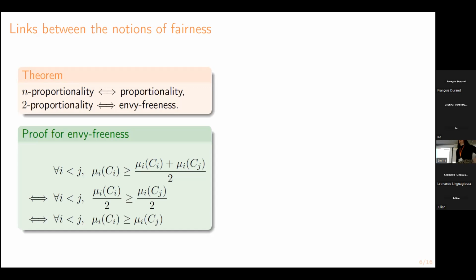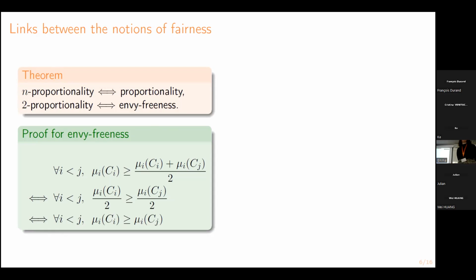Yes. Here you have i strictly lower than j. Isn't it just different? Yeah, so you can just say for every i different than j. Just for me, 2-proportionality implies envy-freeness, but it's stronger for me. Envy-freeness is 1-proportionality. So, you agree?